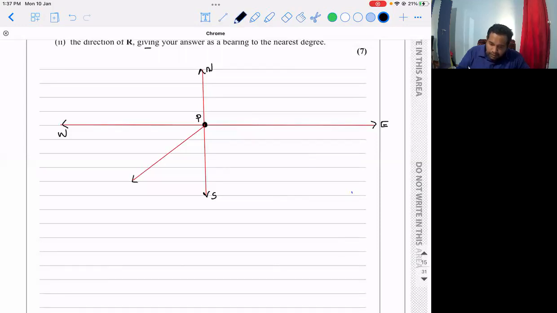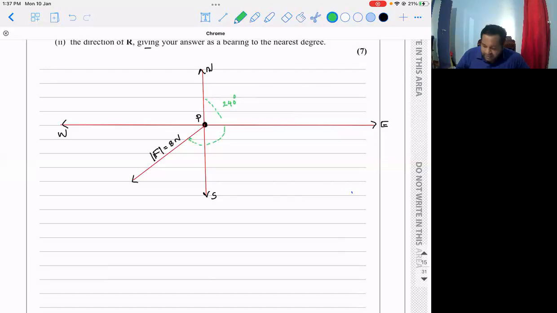This is force F, and its magnitude is 8 Newton, and it is 240 degrees.